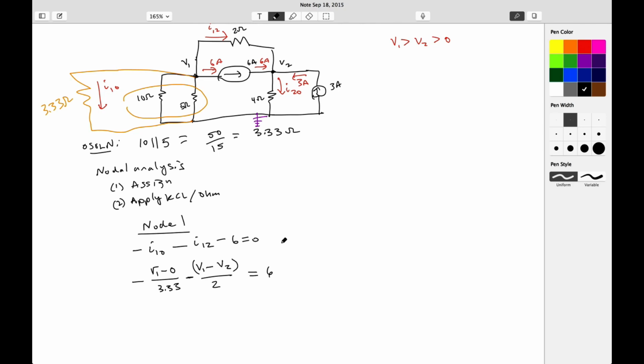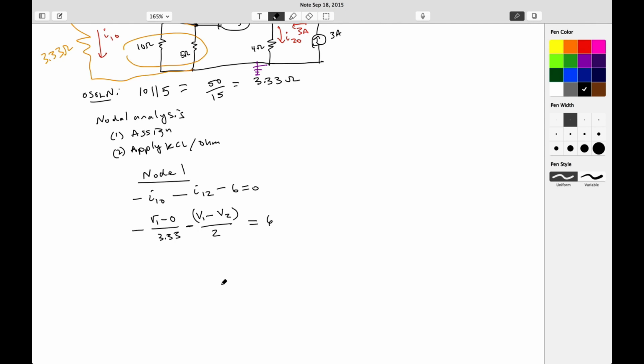Okay, so if I multiply through, first of all, what I can do is figure out where these are going to match up. It turns out that if I take 10, that's not a bad option because that's the first time that 3.33 multiplies into a full number. So let's multiply through by 10 times 10.